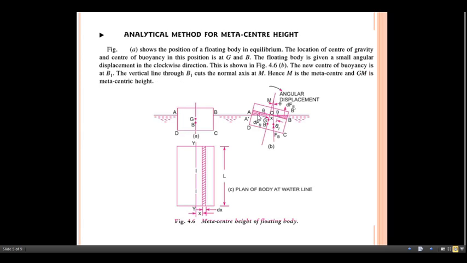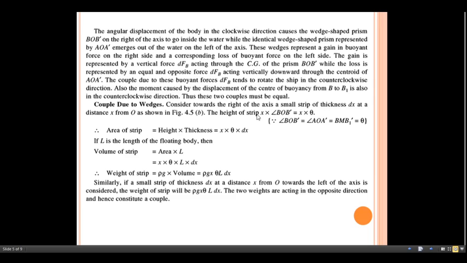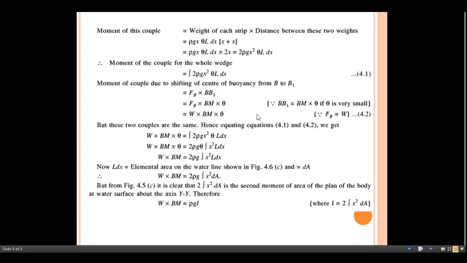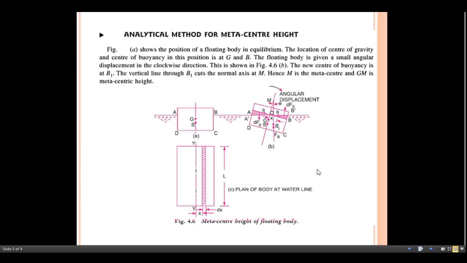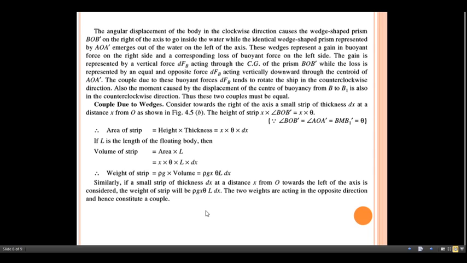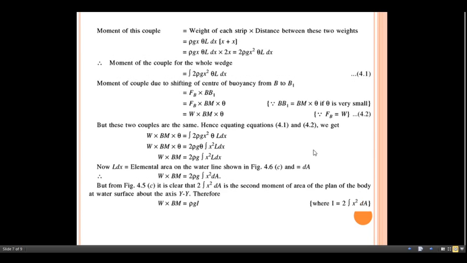Here is the line shown for discussion. L multiplied by this small portion dx must equal dA.